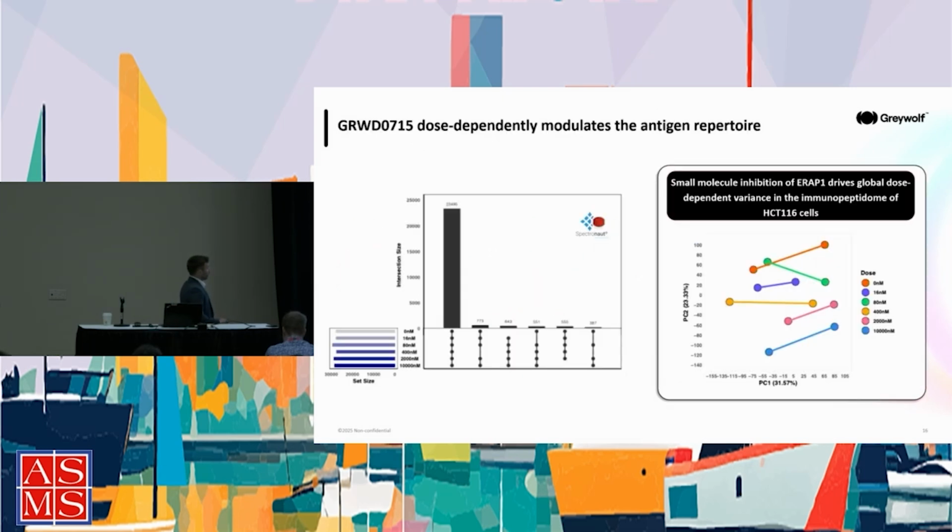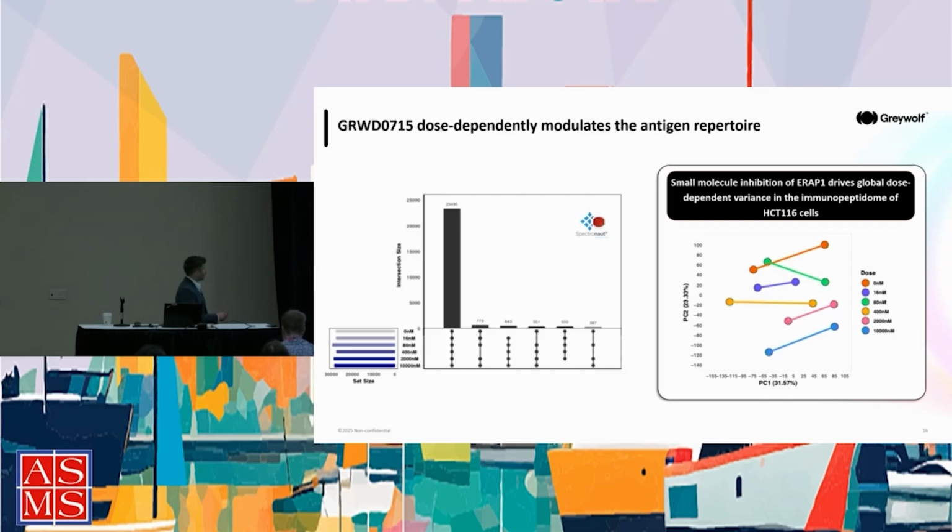So we get a very, very nice and quantitatively complete experiment. So here in this particular experiment, we identify almost 24,000 immunopeptides on the cell surface that we can then draw quantitative comparisons between.